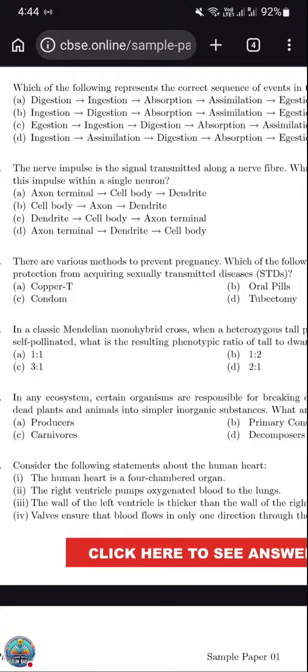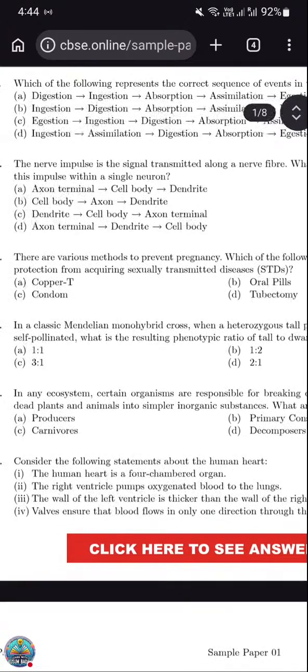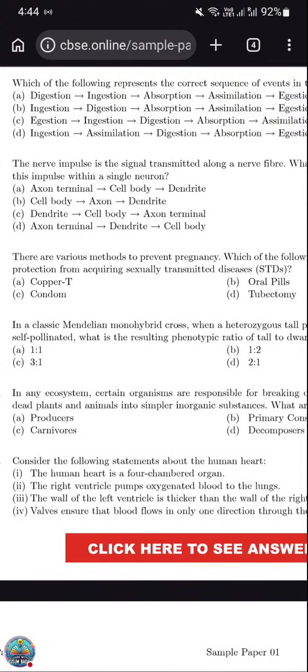Here all of those are pregnancy preventive methods, okay, contraceptives. So which one is a contraceptive which can prevent STDs also? Copper T is used by females. Oral pills are also used by females. Tubectomy is a permanent surgery done in females.